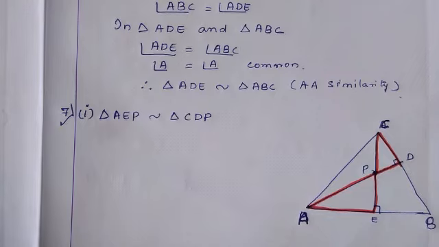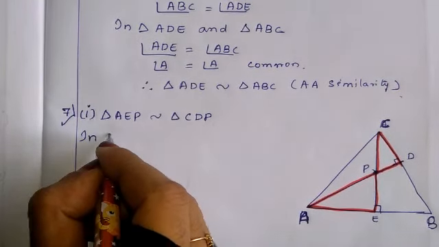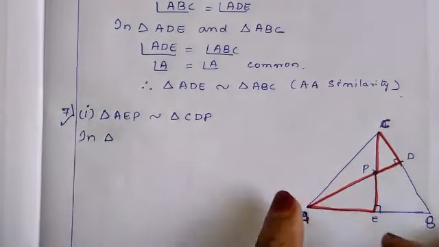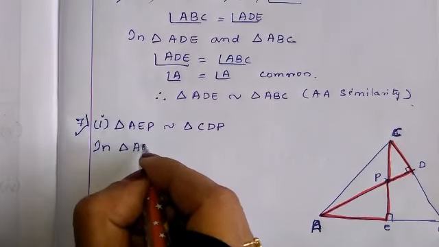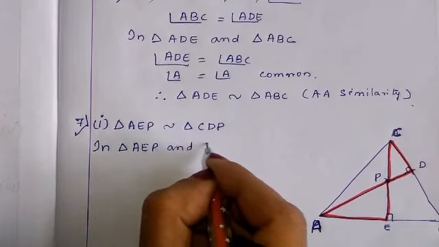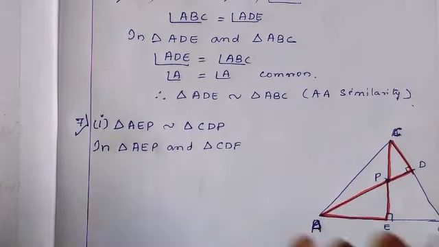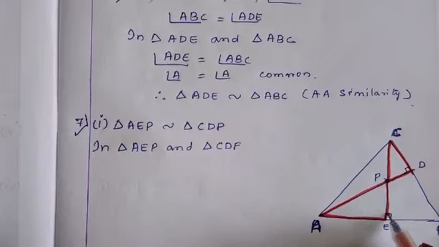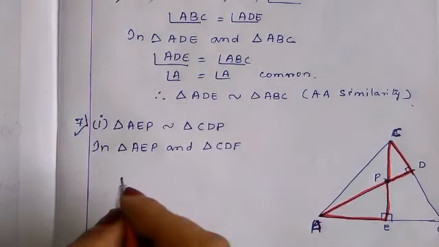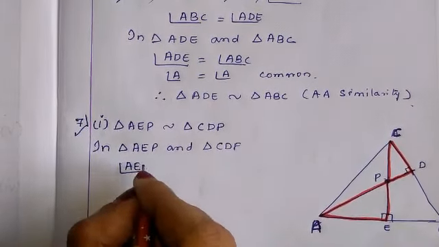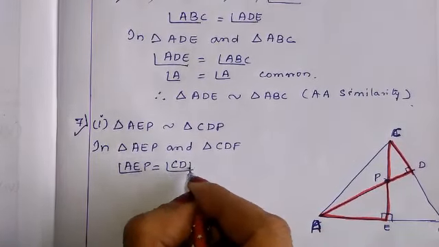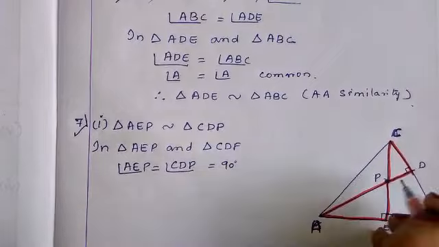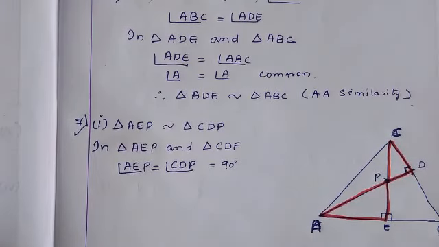We can write in triangle AEP and triangle CDP, we can see what is common. One thing we can see, angle AEP is equal to CDP. Why? Because both are 90 degrees. They have mentioned it.